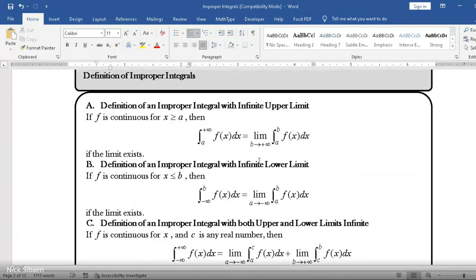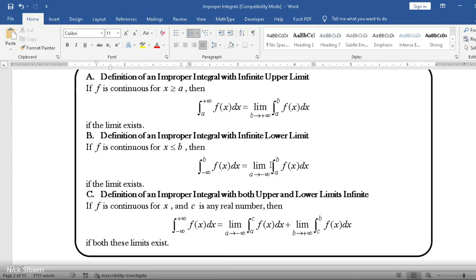Kaya ang gagamitin natin ay A, B, or C. Sa tingin nyo? B. Letter B. Yes. It should be the second one because we have here an improper integral whose lower limit is negative infinity.